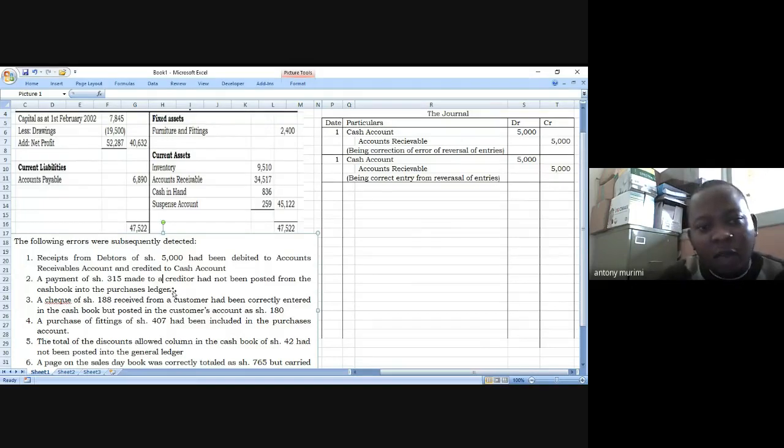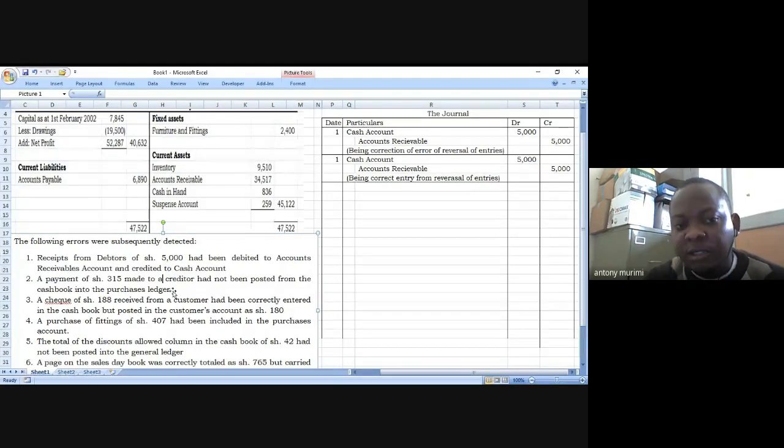So the next thing to ask ourselves is what type of error this is. Does this error affect the trial balance or not? To me, this error affects the trial balance because the debit entry that should have been made in the creditor's account has not been made, while the credit entry that was supposed to be made in the cash account has been made. So there is an issue on the debit side of the trial balance.